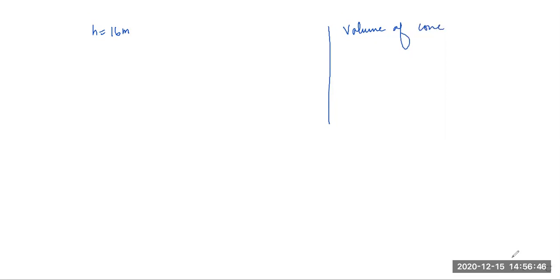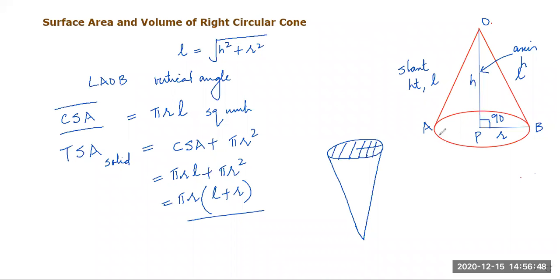In order to understand this, you see this is a cone. Now what I do, I convert this cone into a, anyone can guess, into a cylinder. I convert this cone into a hollow cylinder.